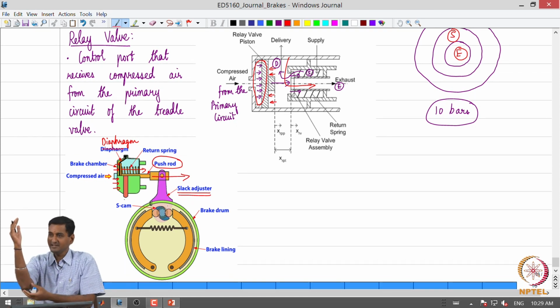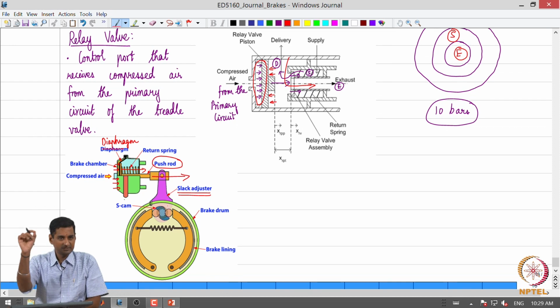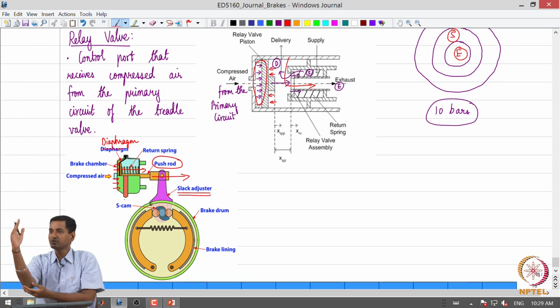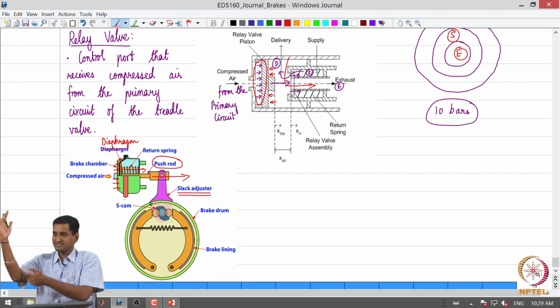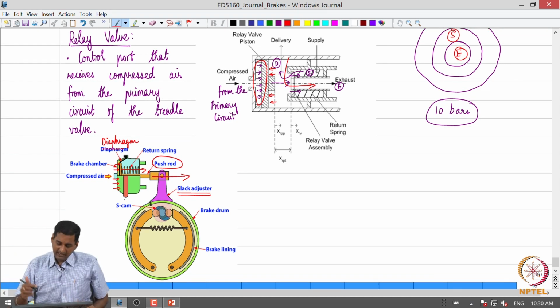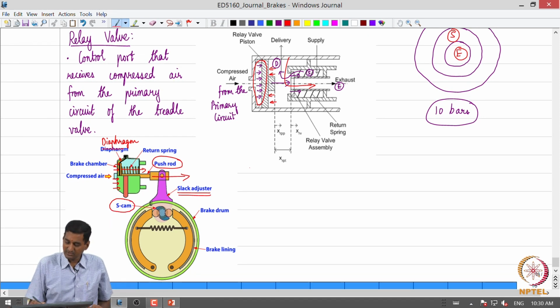When the slack adjuster is pushed from the top, it rotates about the shaft axis on which it is mounted, and the shaft rotates. Then on the other end of the shaft, we have a cam in the shape of an S mounted. That is why these brakes are called S-cam brakes.